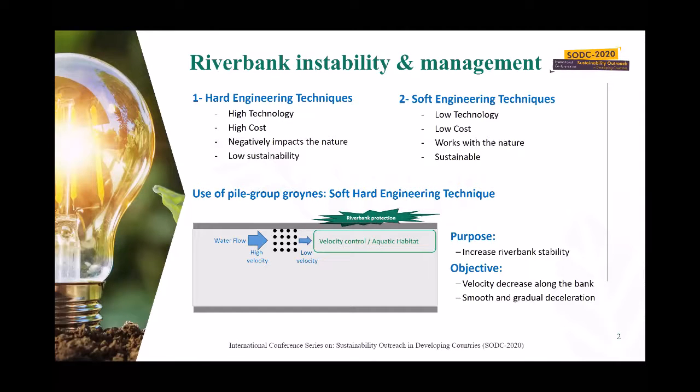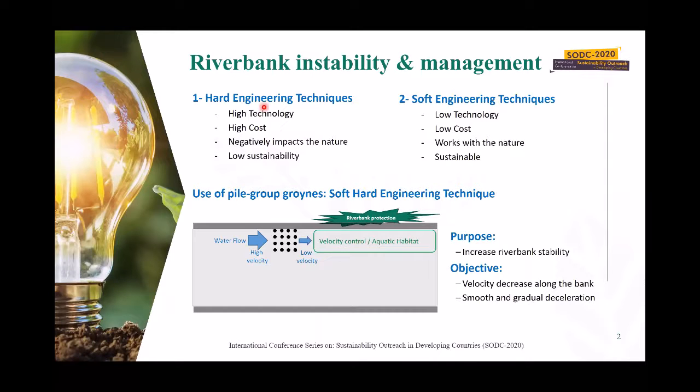Among these two types, the main differences are that the hard engineering techniques are man-made techniques, but the soft engineering techniques are more sustainable and work with nature, which is the second type.